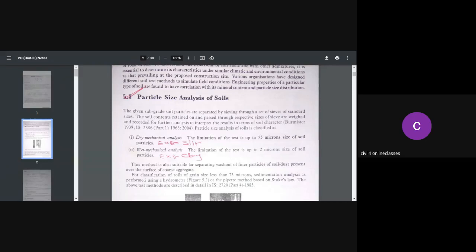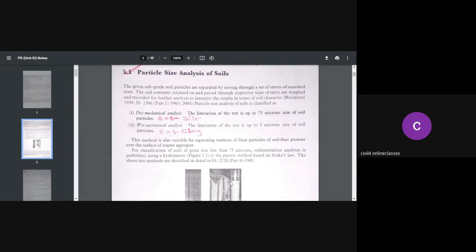Coming to the soil, in your GT subject, you already know particle size analysis of soils, like how the soils are categorized. You have dry sieve analysis and wet sieve analysis, two types of analysis.